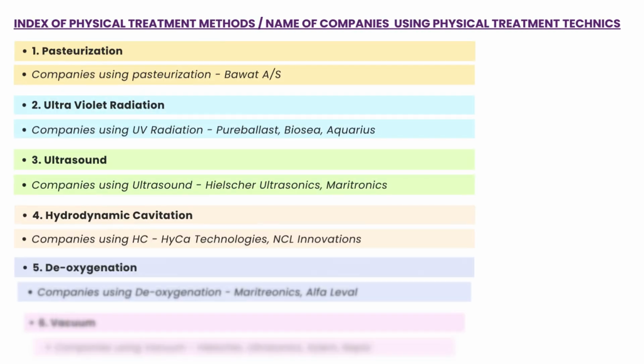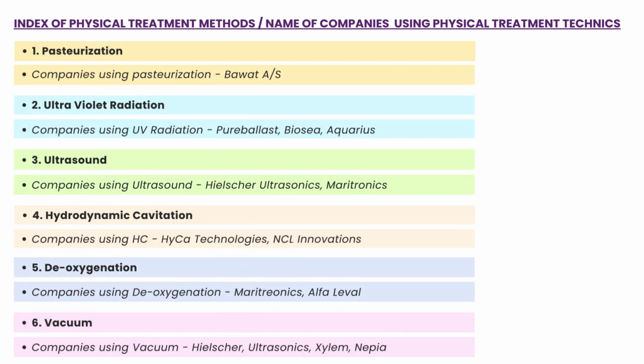So, which are the 6 methods? Number 1 is pasteurization. The company using that is Bawat A. Number 2 is ultraviolet radiation, used by Pureballast, Biosea, AQUARIUS. Number 3 is ultrasound technology, which is used by 3 companies: Hielscher, Ultrasonics and Maritronics.